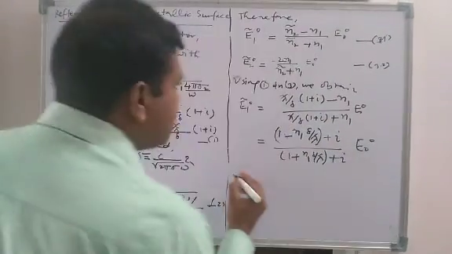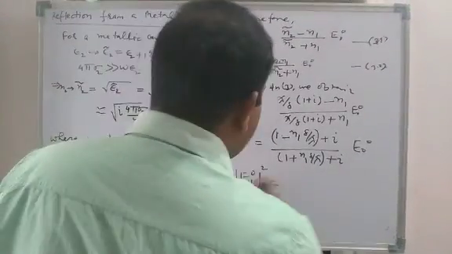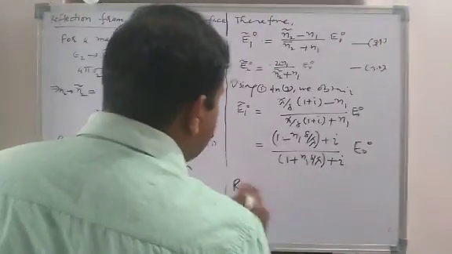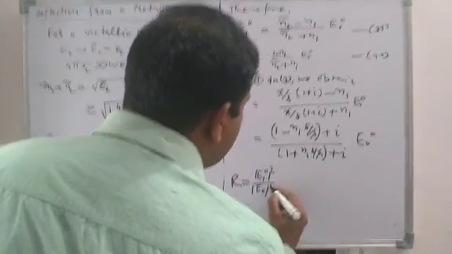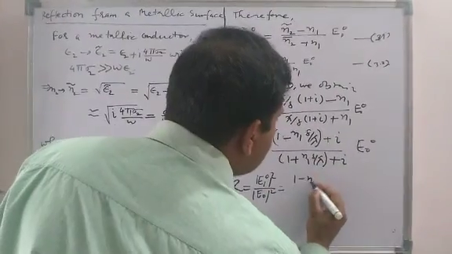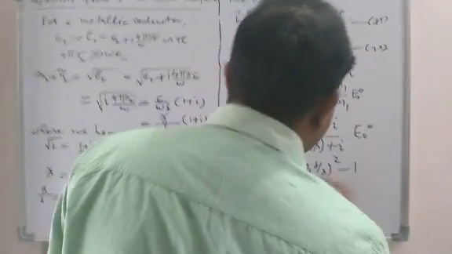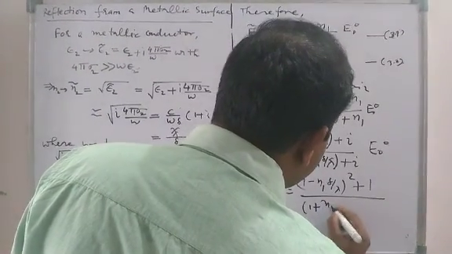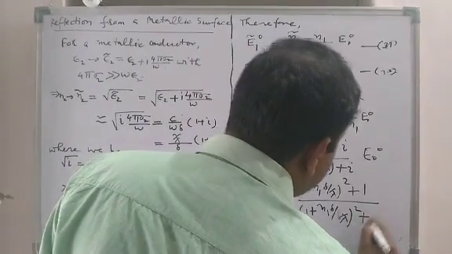Now we will take the magnitude of these and the square of this. Or rather, we could just write R, which is going to be the reflectivity or reflection coefficient. That's going to be E1 naught square by E naught square, so it's the absolute square of this, minus 1 plus 1, in fact i square is plus 1, and similarly here you will have lambda bar square plus 1.